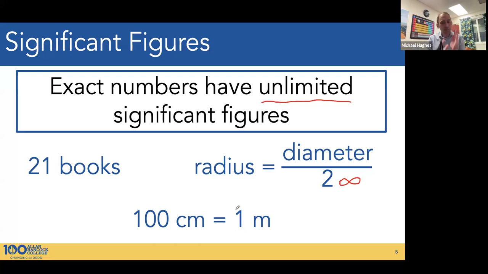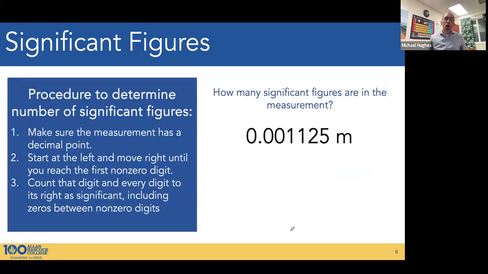That's an exact relationship. We don't say that this has 1 or 3 significant figures. We say that these numbers have infinite significant figures. Their values do not come from a measurement, but from a relationship that we're not concerned with how it was measured in this case.